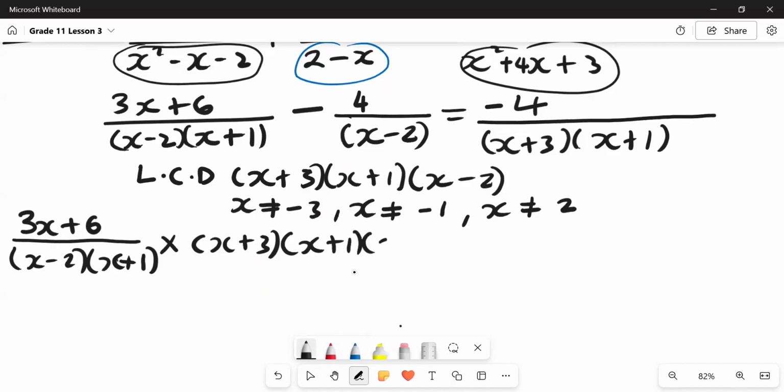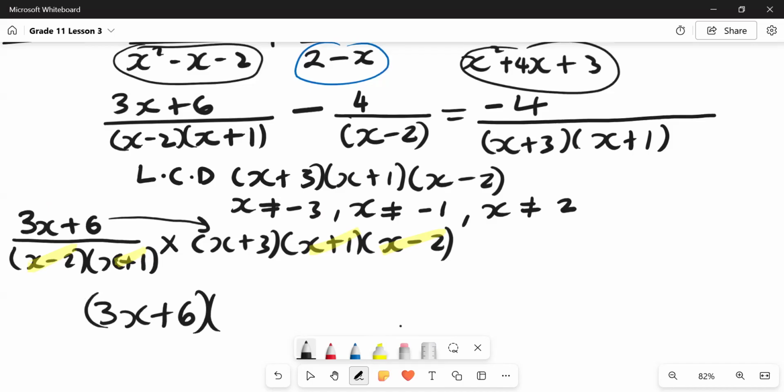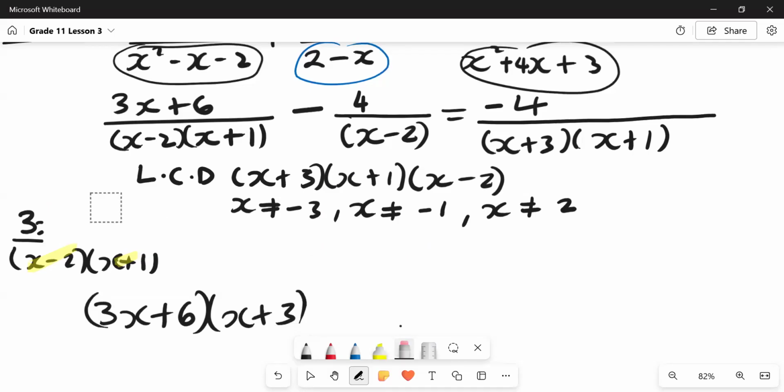You'll understand the first step, then from there you can make sense of everything. So x plus 1 and x plus 1 cancel. Now you're left with these two, multiply these two, and you end up with 3x plus 6 as well as x plus 3. So from here, you understand the story of LCD. I won't keep on repeating the story of LCD. I've been preaching this for so long now.